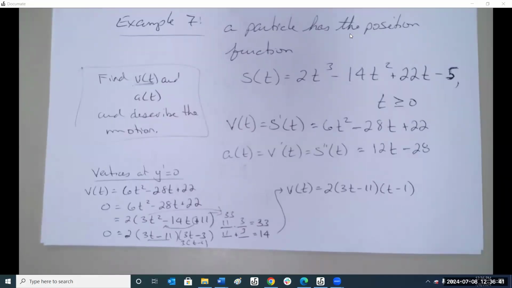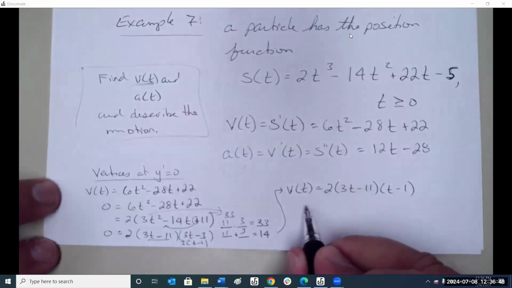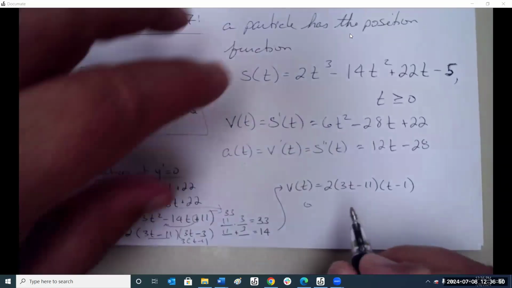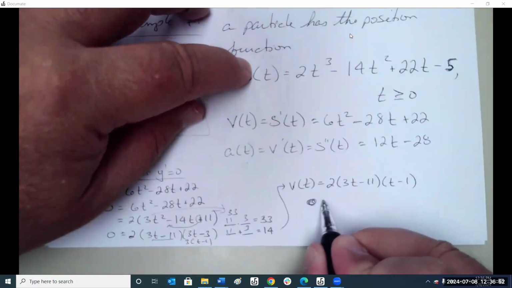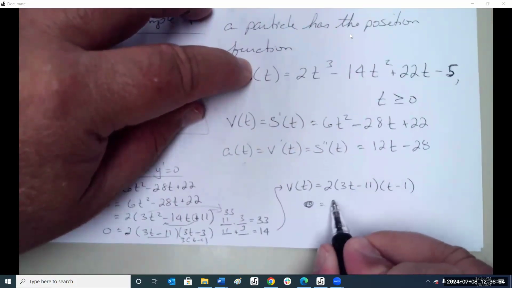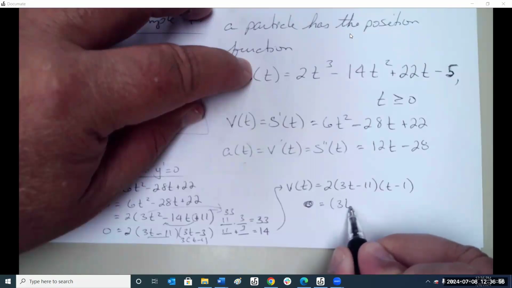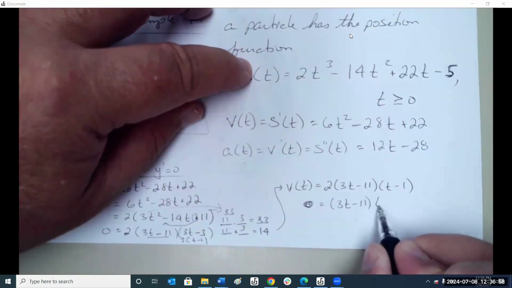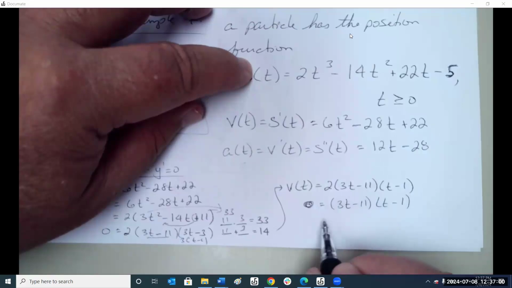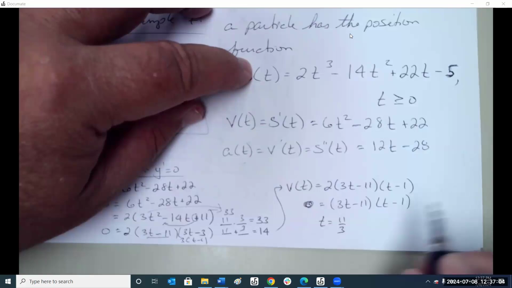So where are our vertices? t is equal to 11 over 3, and t is equal to 1.